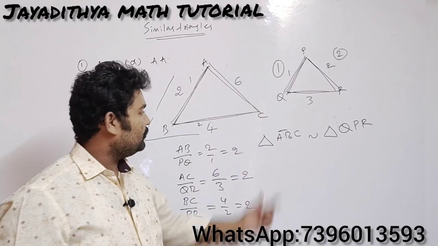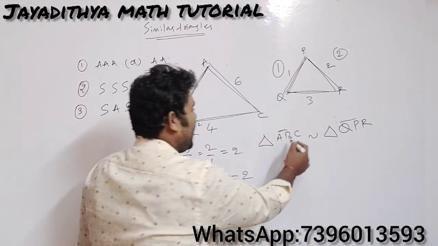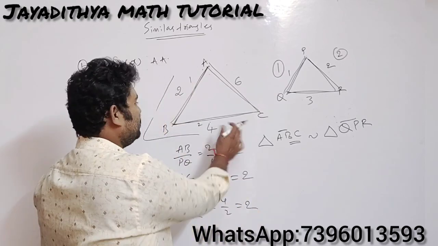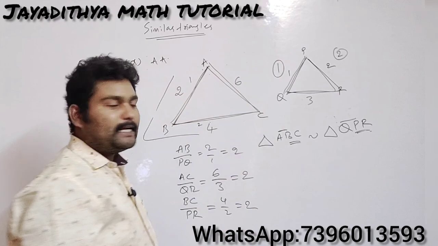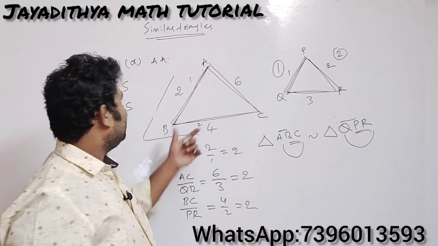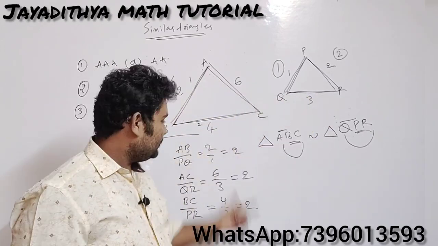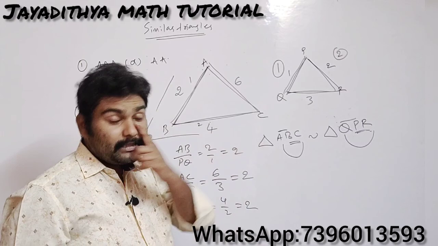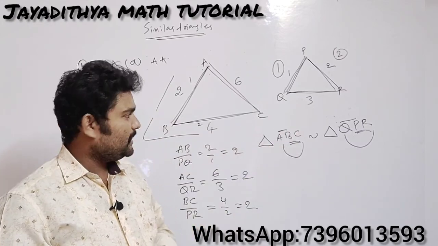AB's corresponding side is QP, BC's corresponding side is PR, and AC's corresponding side is QR. AC is 6 and QR is 3, and if you divide them, again the ratio will be 2. So in this way you need to practice writing the statements. That is very important.